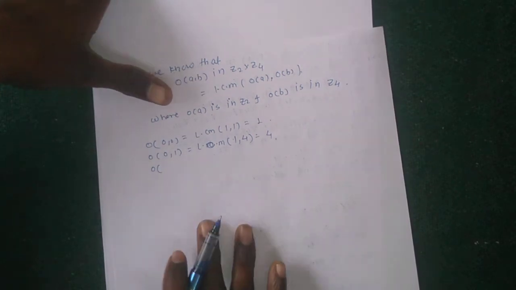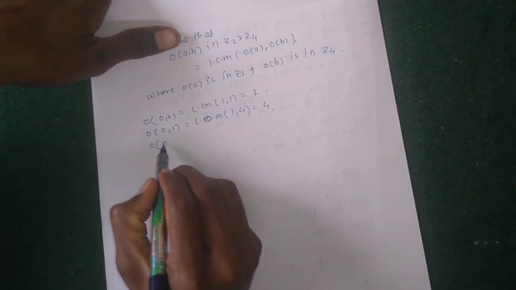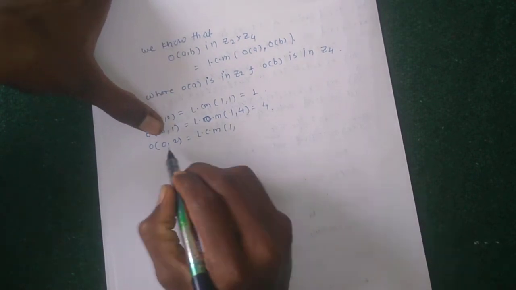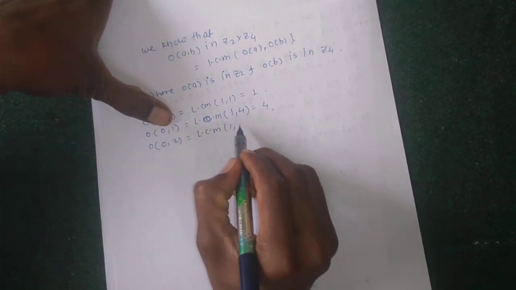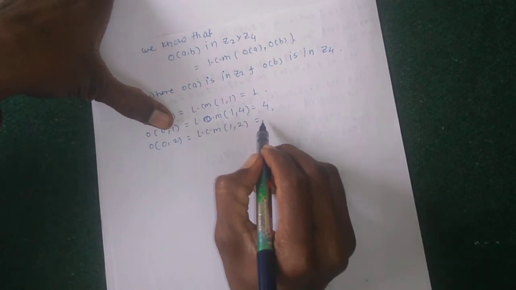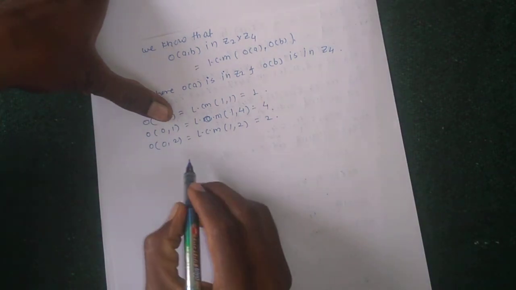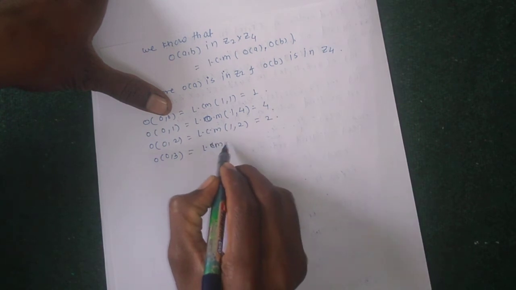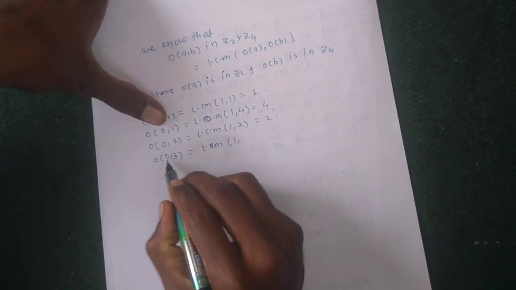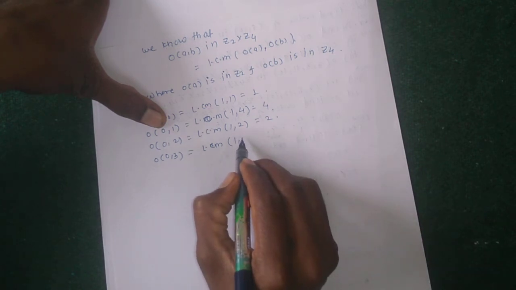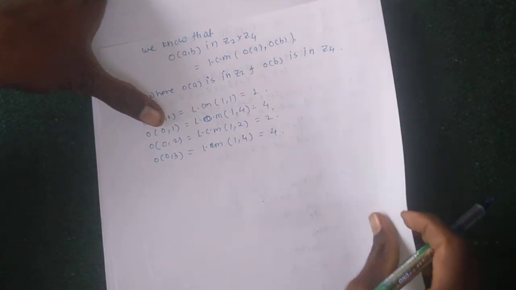Then the order of (0,2) is the LCM of 1 and 2, since 2 has order 2 in Z4, so the LCM is 2. Then the order of (0,3) is the LCM of 1 and 4, since 0 has order 1 in Z2 and 3 has order 4 in Z4, so the LCM is 4.